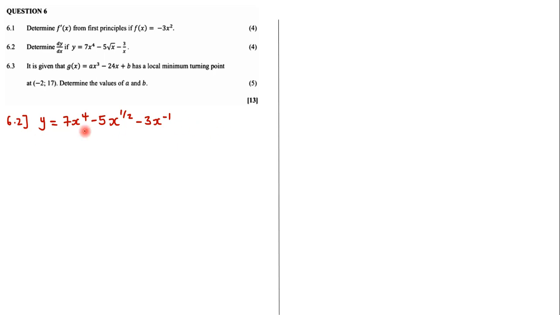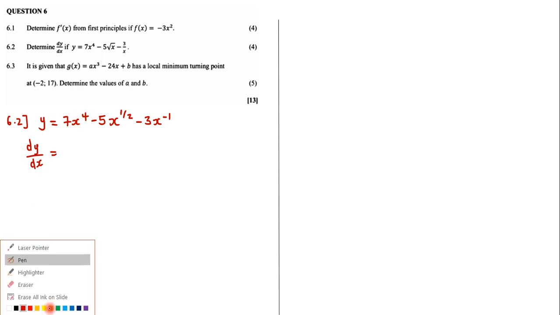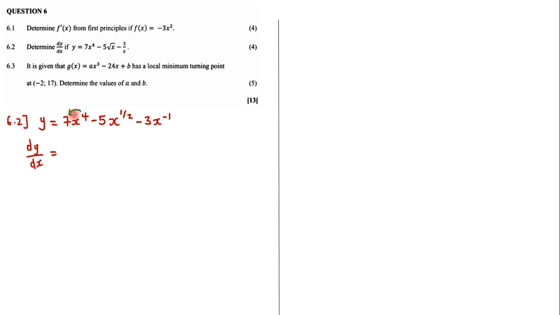Because of this, I can now do my power rule. dy dx will be my derivative, meaning I'm differentiating x. Here, we'll start by multiplying this term. So 4 times 7 will be 28x, and then I subtract 1 from 4, which gives 3. We do the same thing on this one: half multiplied by minus 5 will be minus 5 over 2 x, and then subtract 1 from the power.